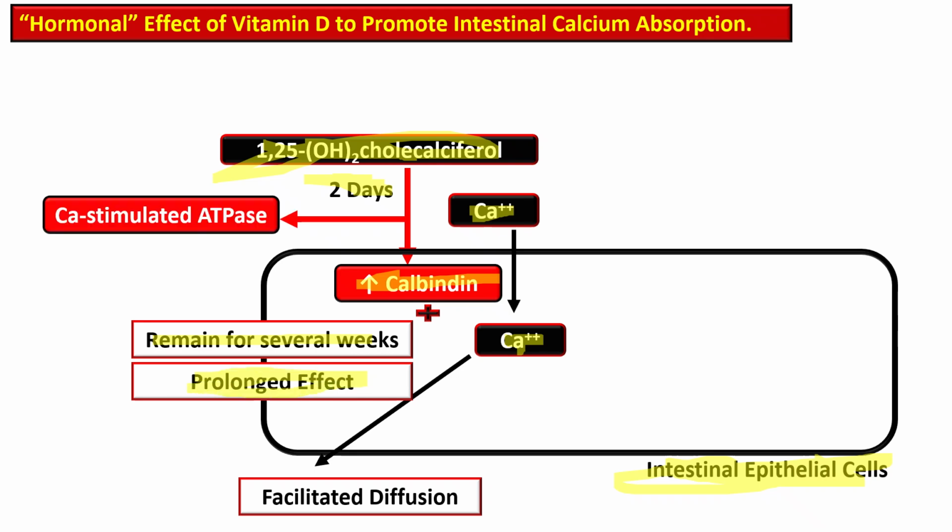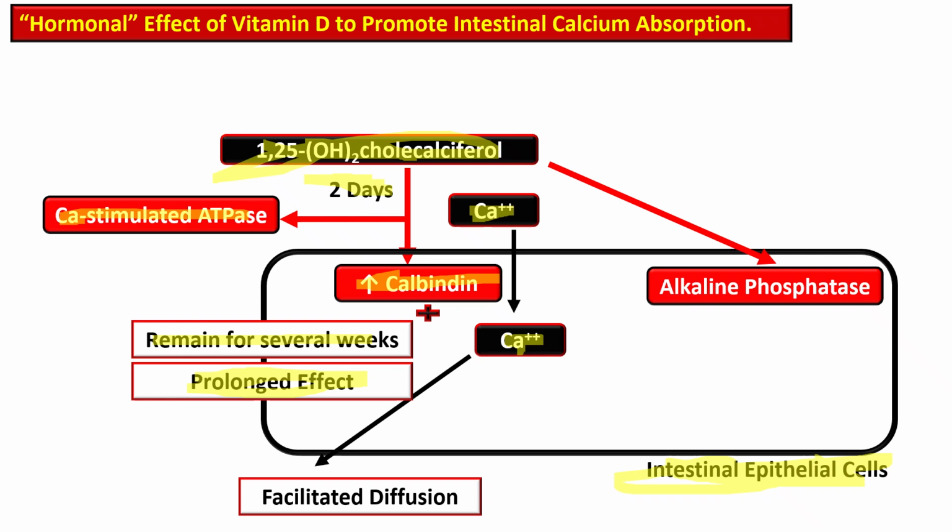Then the vitamin D3 also causes calcium stimulated ATPase formation in the brush border, and also causes increased alkaline phosphatase in the epithelial cells. The exact roles are not fully understood.